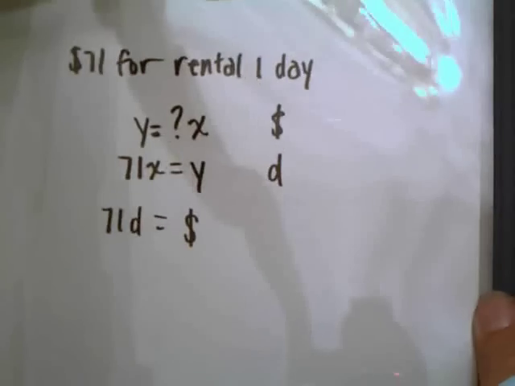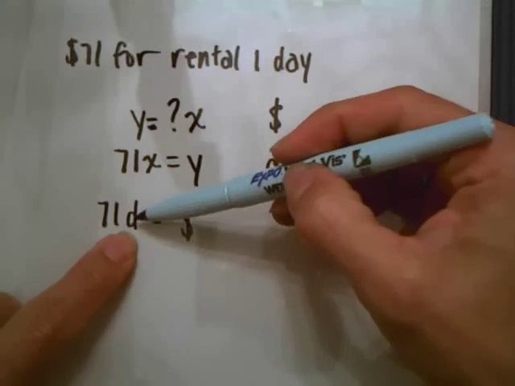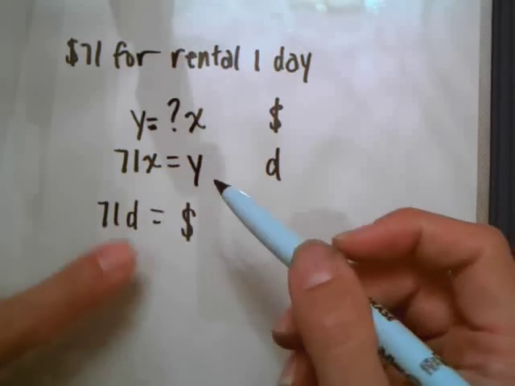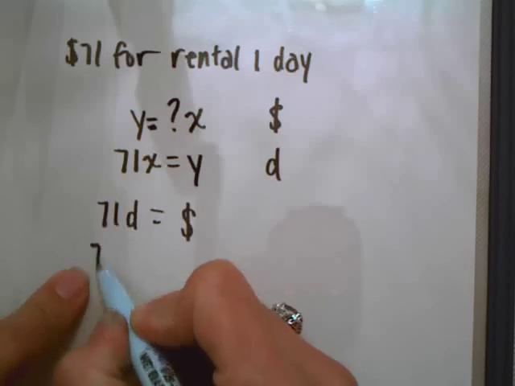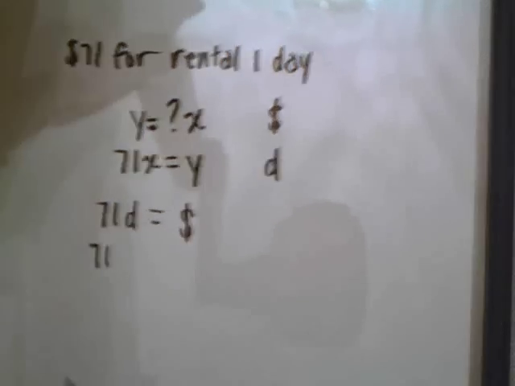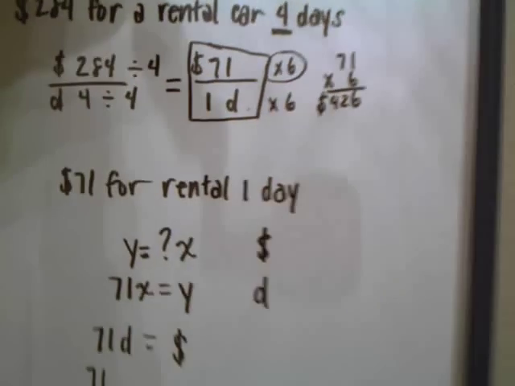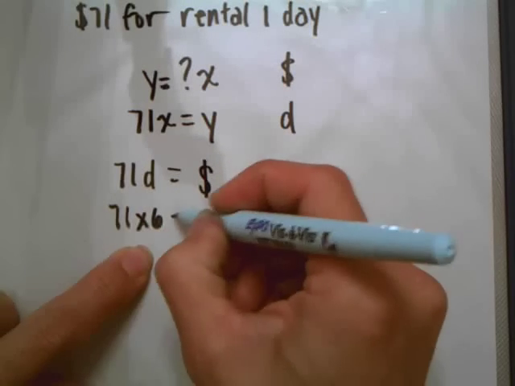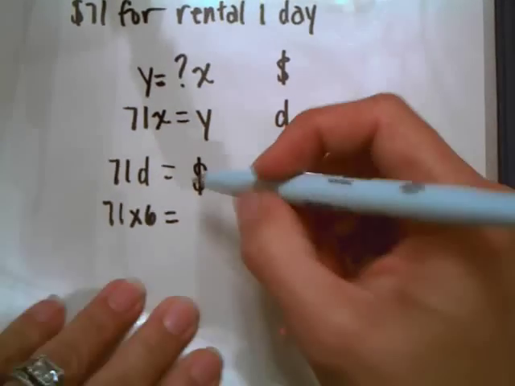I just substituted these letters in for an actual number. If this formula is going to work out, I should be able to multiply 71 by the number of days I'm going to be in Boston, which is 6. 71 times 6 should equal the total dollar amount.